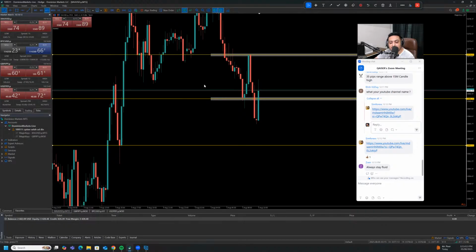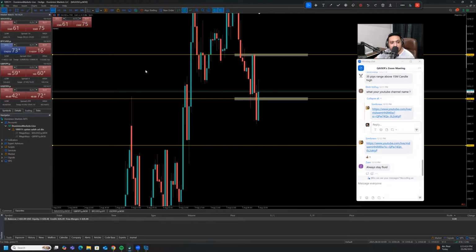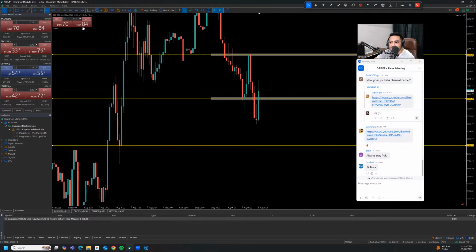Yeah, just 1 minute left for the candle to close. This is above the previous 30-minute high, and it's standing right on the 30-minute body. I just want to see how this 50-minute candle is going to close. Just 20 seconds left for the candle to close. 54 likes. Okay, still waiting for more likes actually.